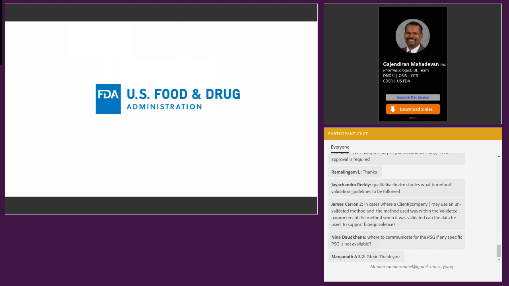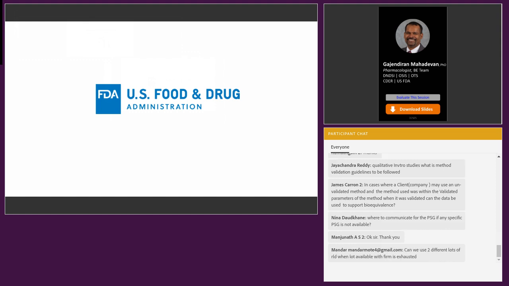Okay, there is a question: in a case where a company may use an unvalidated method, and the method used was within the validated parameters of the method when it was validated, can the data be used to support bioequivalence? Yeah, for a bioequivalence study, we emphasize again and again that the method has to be validated before the study sample analysis. That's very important.